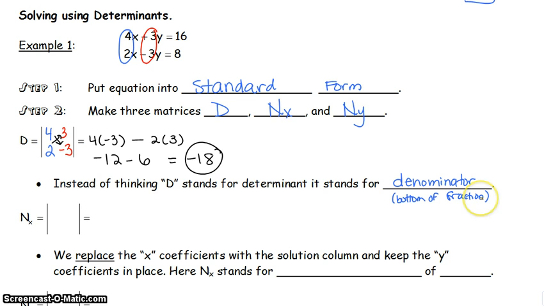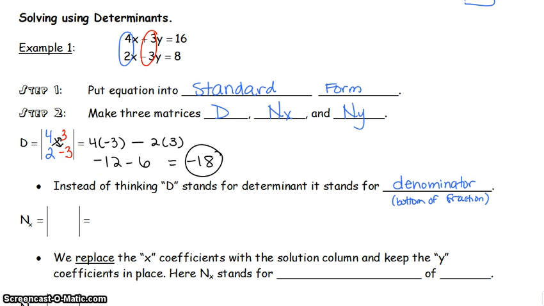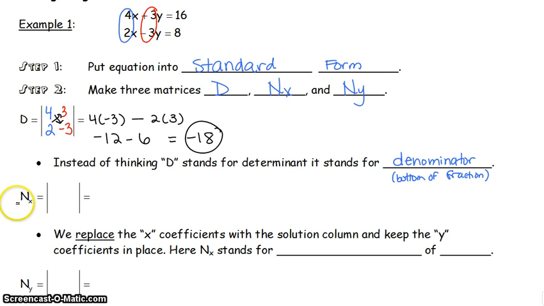Okay, then we're going to move on to our second matrix, which is our n sub x. Now n sub x, I am no longer going to use the x coefficients. That fact that it says n sub x, that means I replace x, and I'm going to replace x with our solution set of 16, 8. The y's are still going to stay there, so it's still going to be a 3, negative 3.